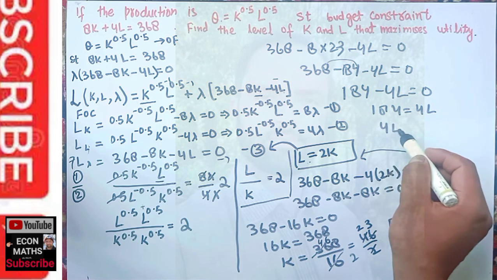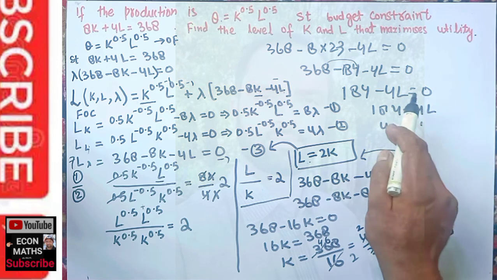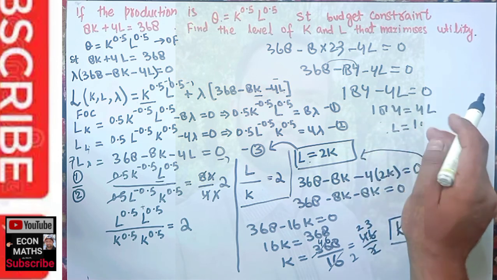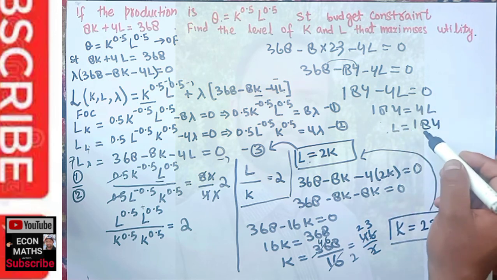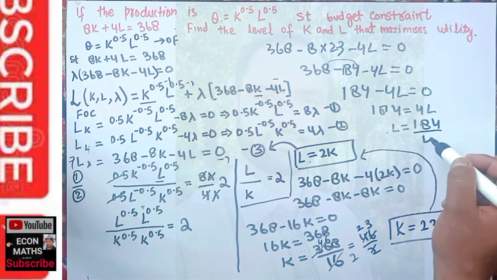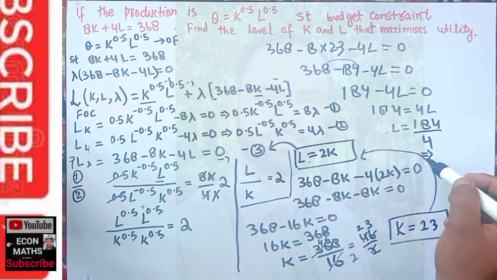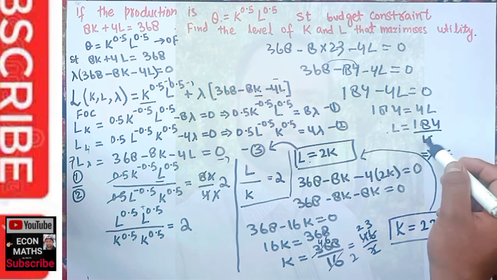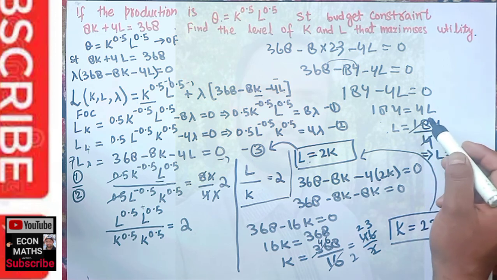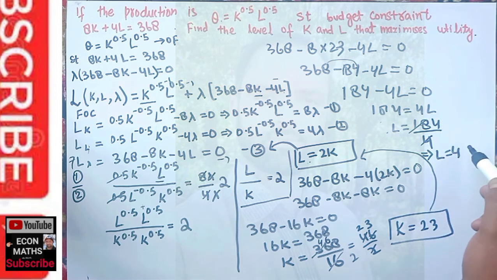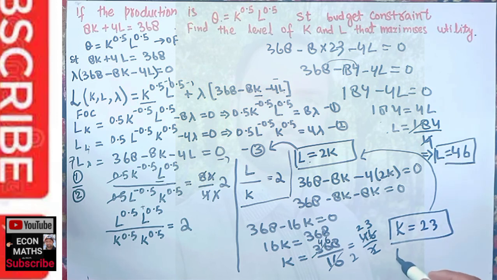When transposing this 4, it will become the denominator, which means l is equal to 184 divided by 4. Now 4 4s are 16, and 17 18, 2 gets carried, so this will be 24. 4 6s are 24, so the value of l is 46. L is equal to 46.